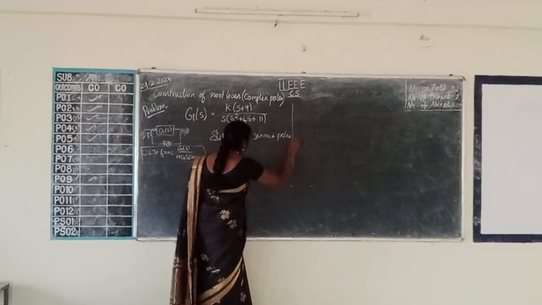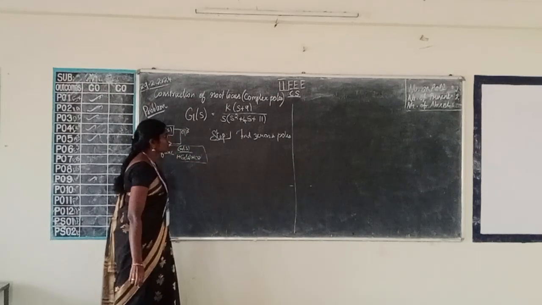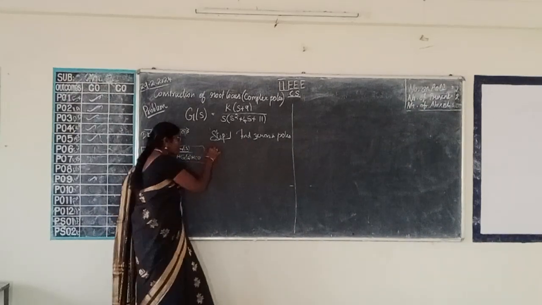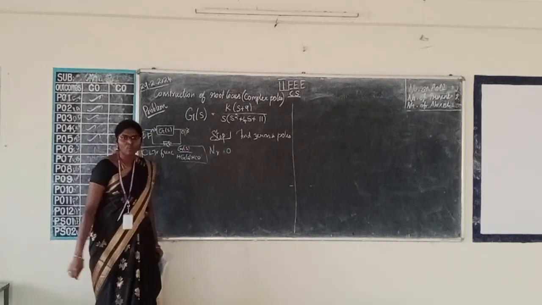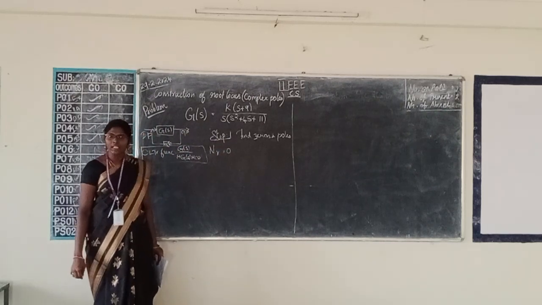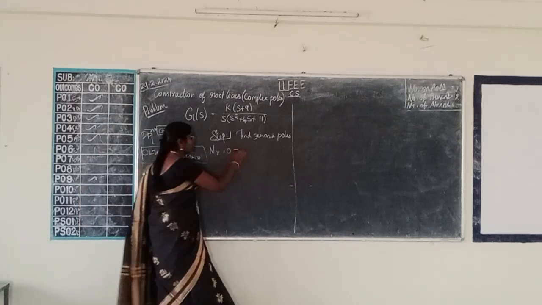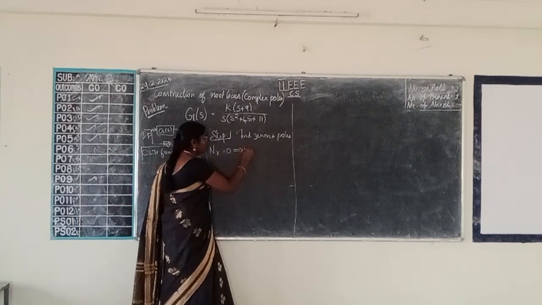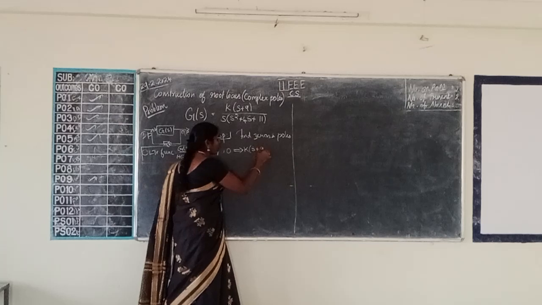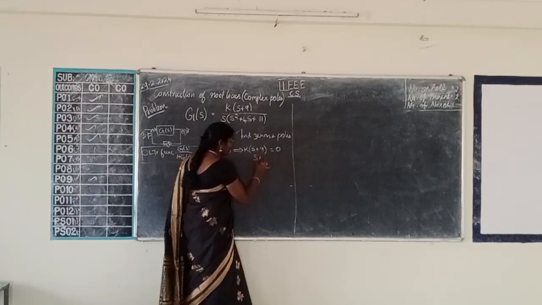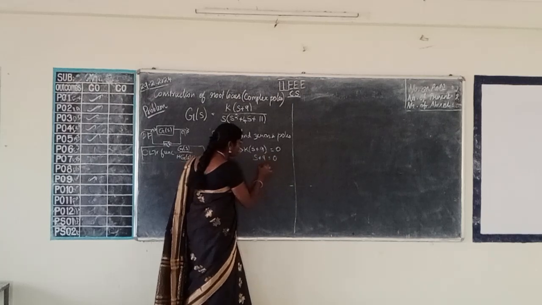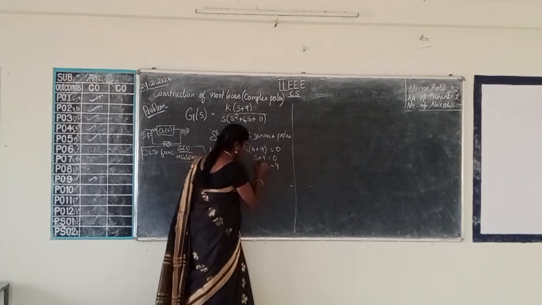When the numerator is equal to 0, we get the zeros. The numerator is K into s plus 9. Equating to 0, we get s plus 9 equal to 0, that is s is equal to minus 9.